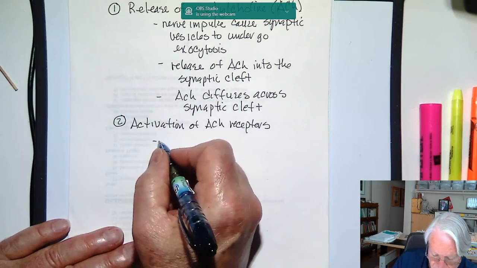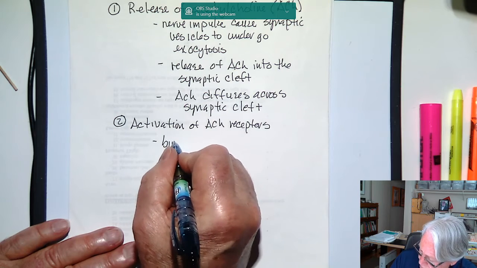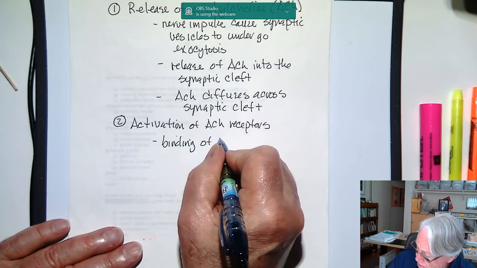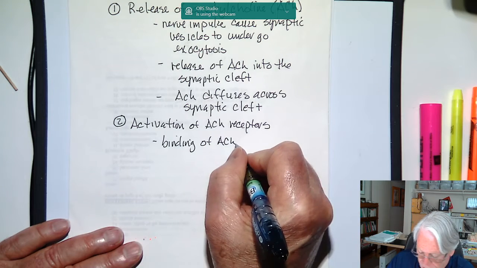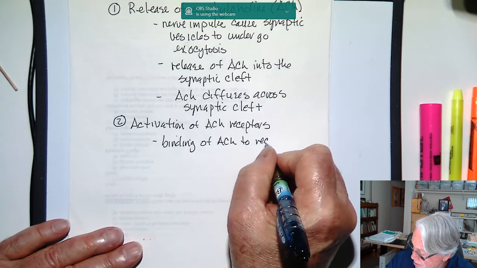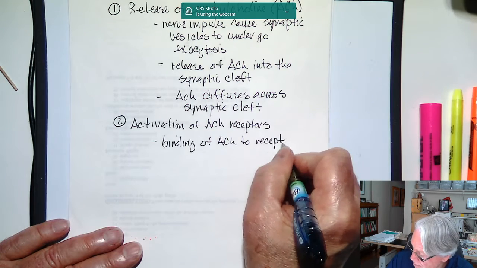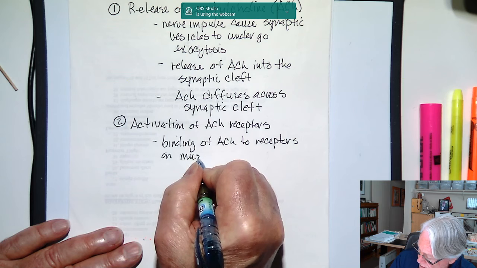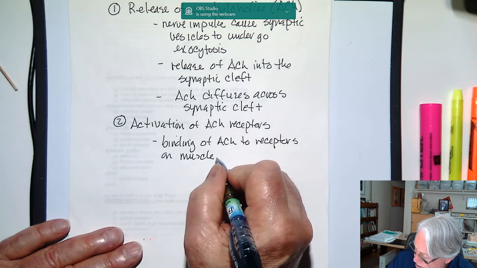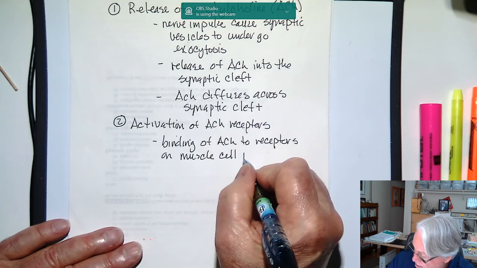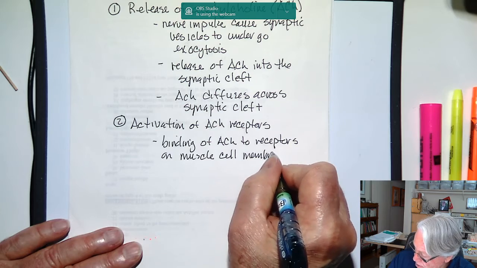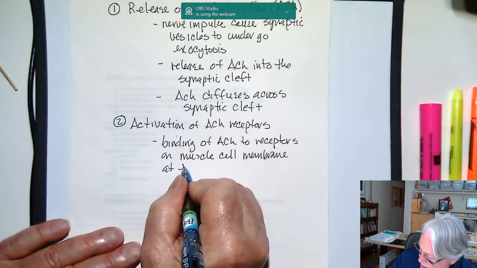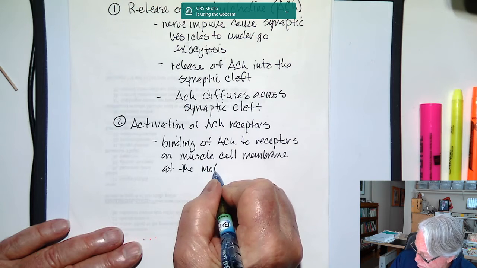And this is going to involve binding of acetylcholine to receptors on the muscle cell membrane at the motor end plate.